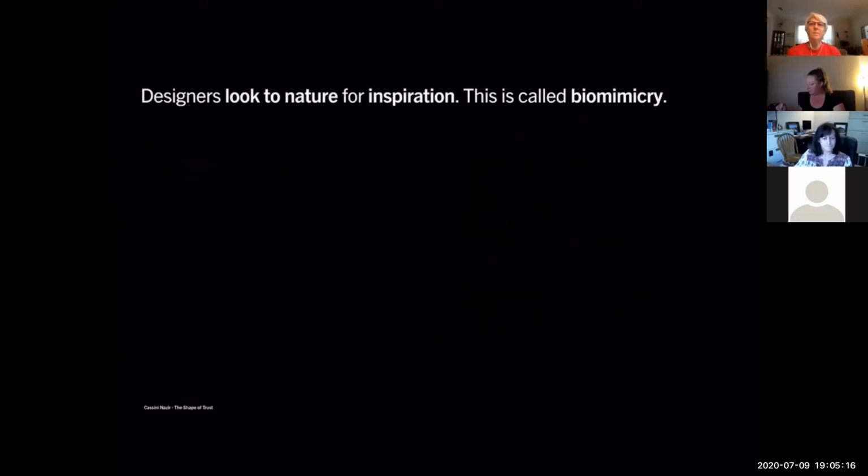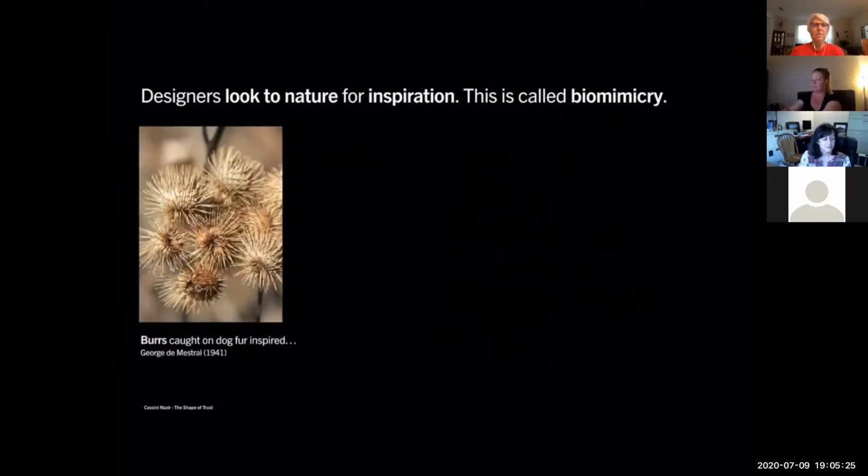It's common for designers to glean inspiration from nature. This field of study is called biomimicry. And there's a number of examples. This one you've probably heard. When George de Mestral in 1941 removed burrs from his dog in Switzerland, he decided to take a closer look at how this burr was sticking to his dog's fur.